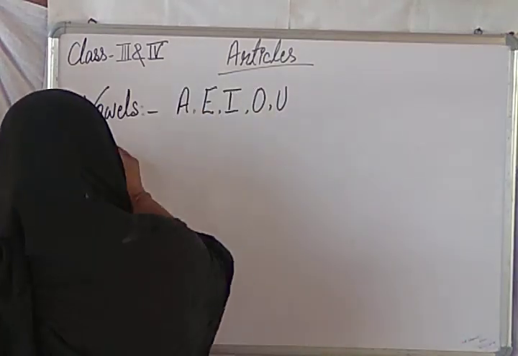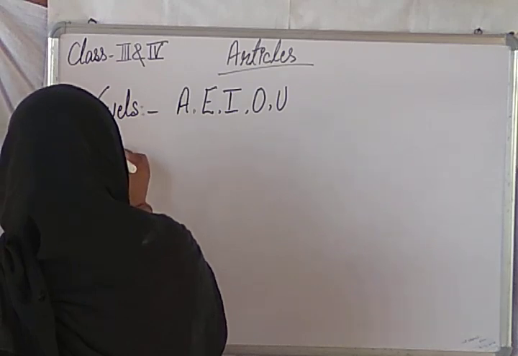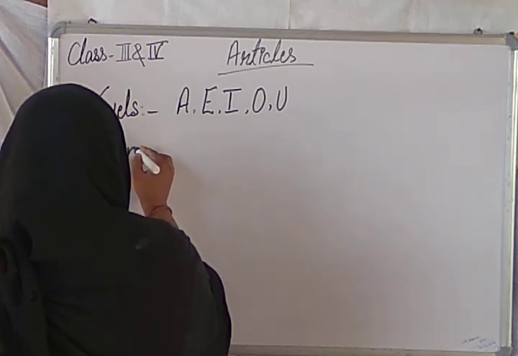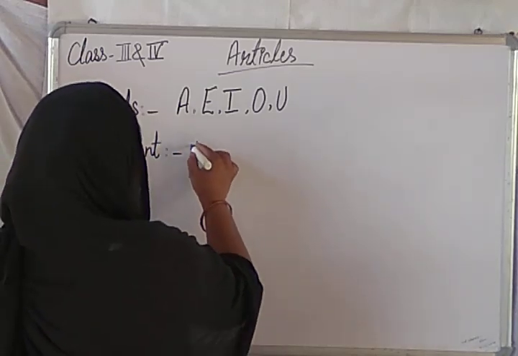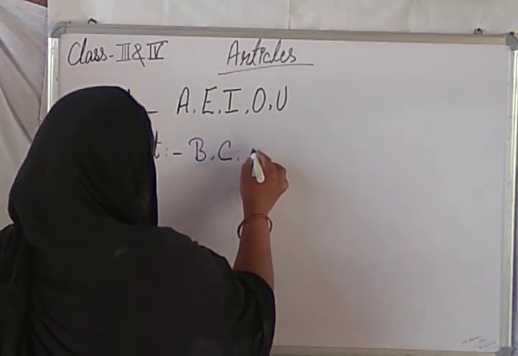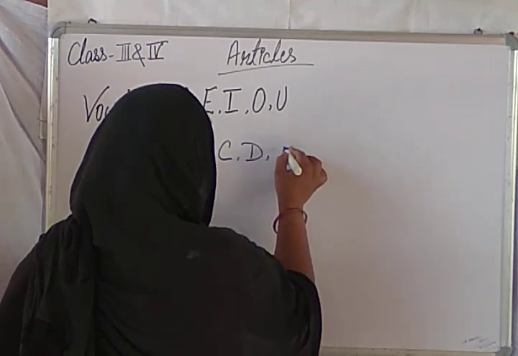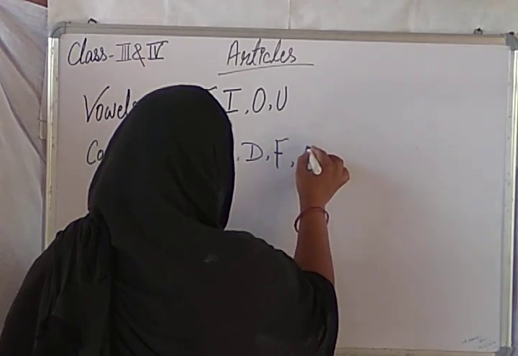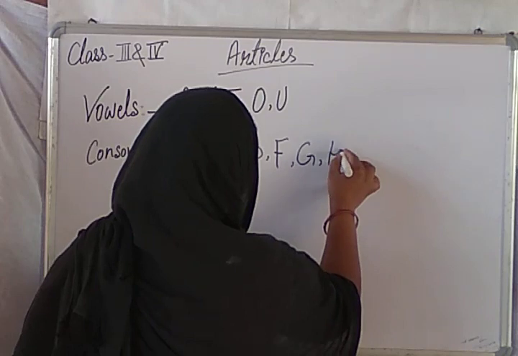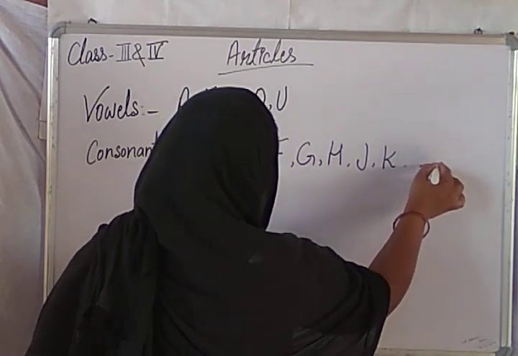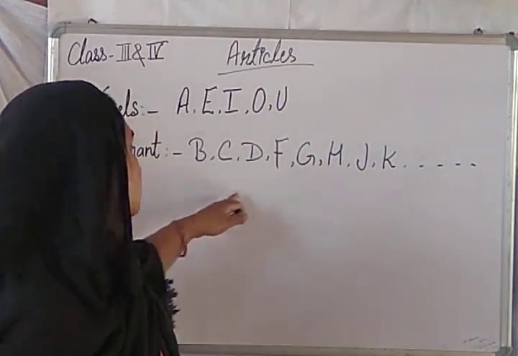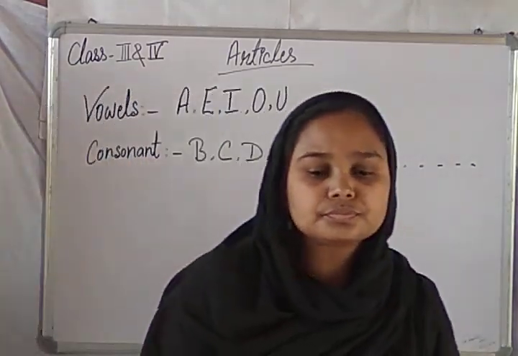And B, C, D, F, G, H, J, K are known as consonants.